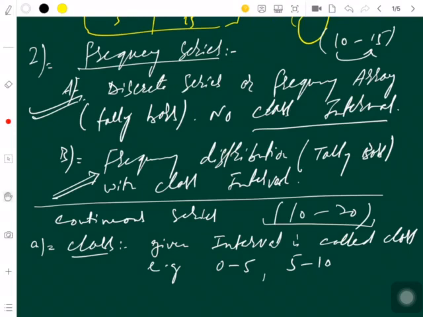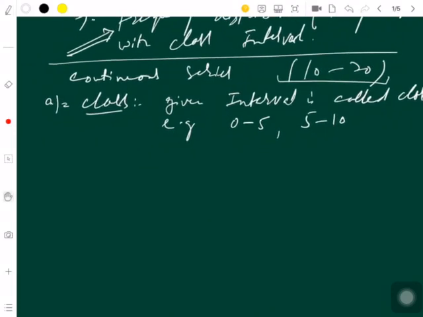But from this very class we come to know one more thing, the class limit. There must be a limit on the basis of which we can make this class. Class limits are of two types.